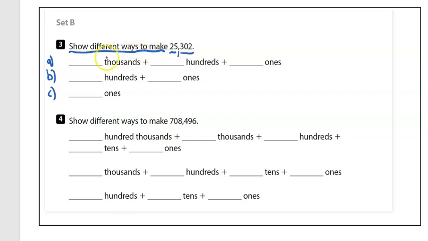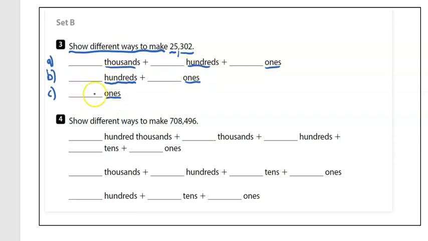So you have to be able to write this without using the unit 10,000. So you have to combine some things because they're only allowing us to use thousands, hundreds, and ones. Then we have to combine even more because the next line, they're only allowing us to use hundreds and ones. And finally, just ones.